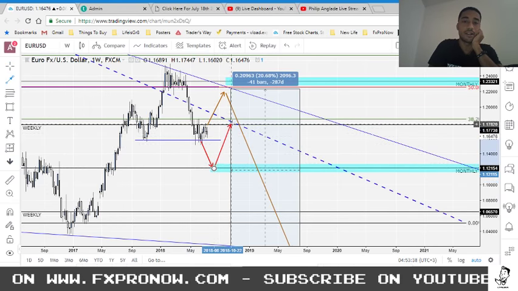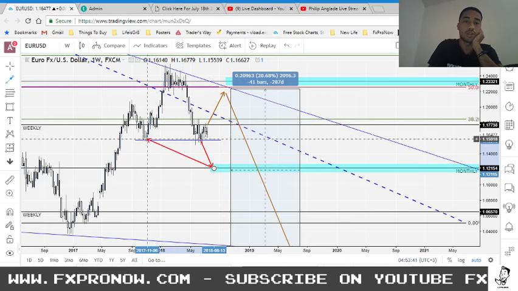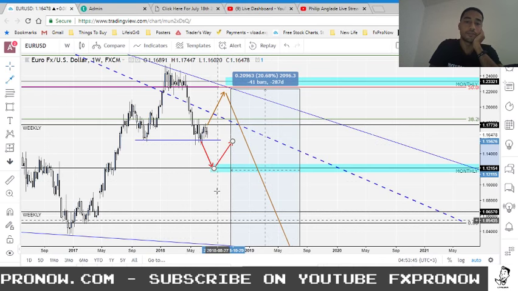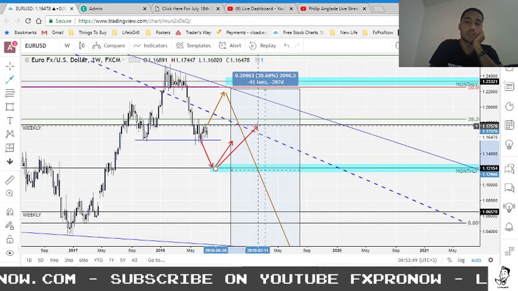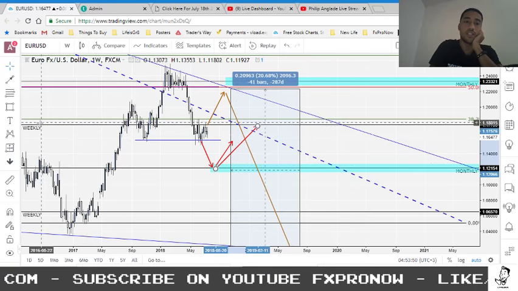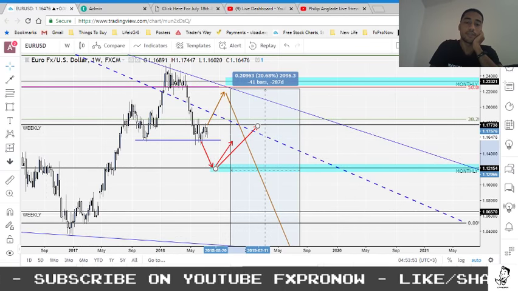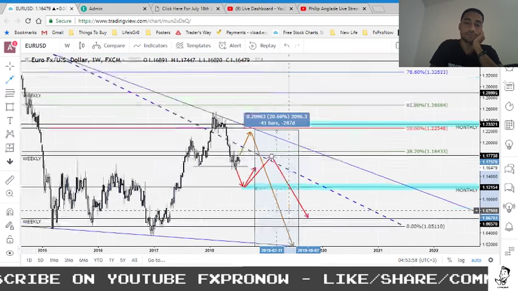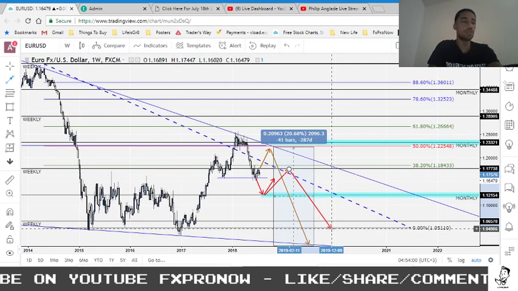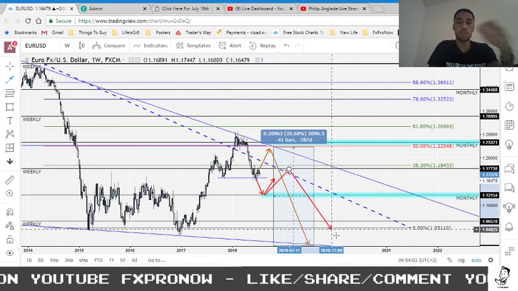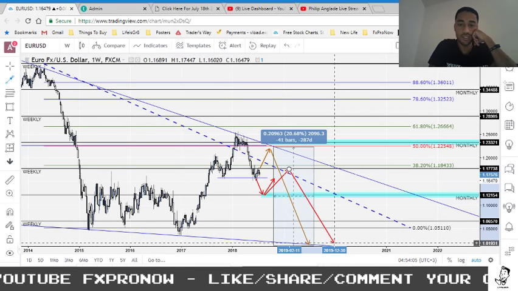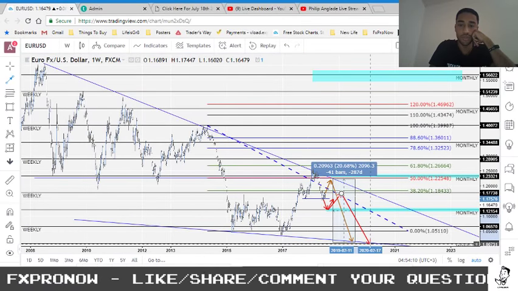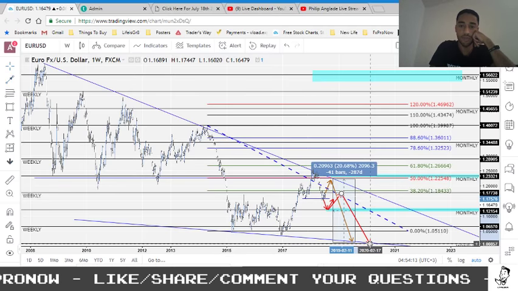All right. Once it goes to that monthly key level, what I believe is going to happen, I believe it'll shoot back up to where it broke support, either here or it'll go up to that weekly key level, and then from there shoot down to this trend line that we drew on the monthly time frame.